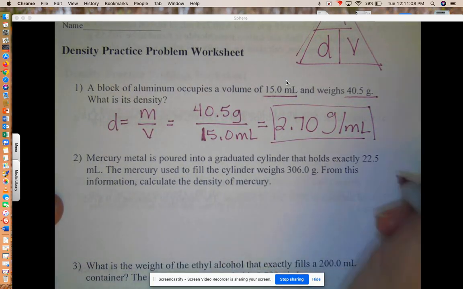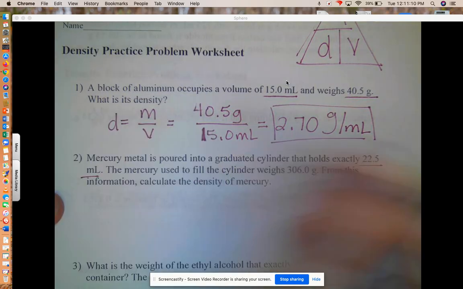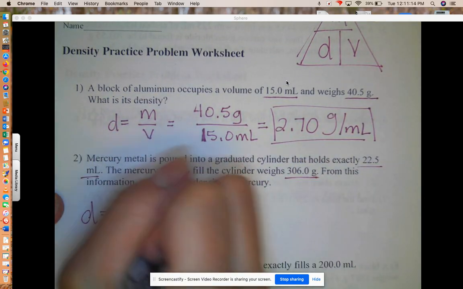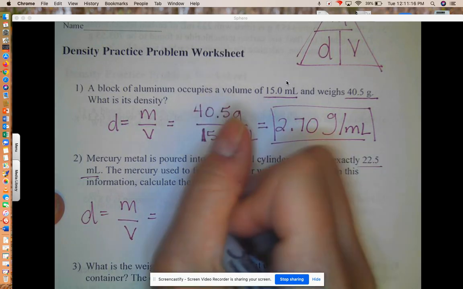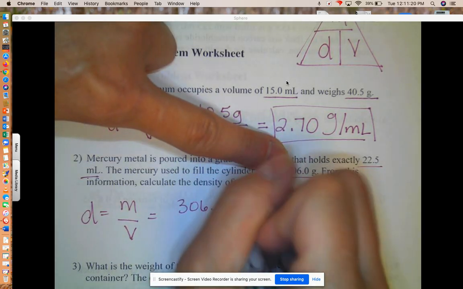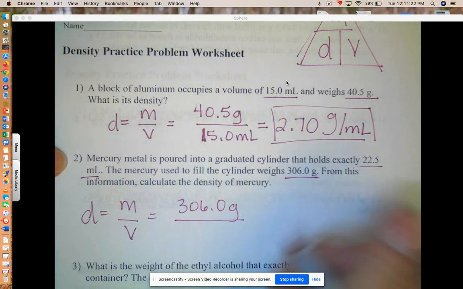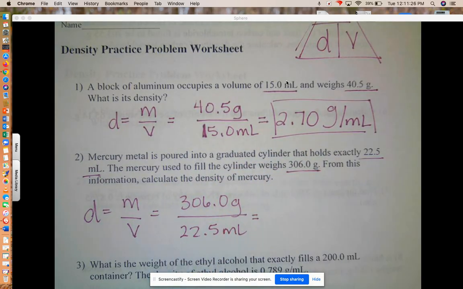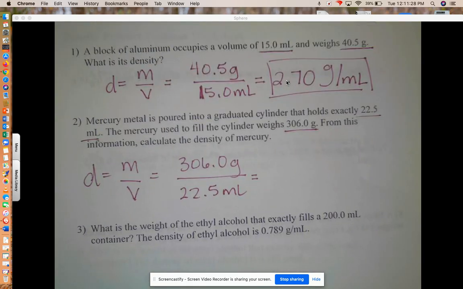So here I have 22.5 mils, 306 grams. And so I'm going to plug in. Make sure you're putting in the right spot. 306.0 grams, 22.5 milliliters. You also have to make sure that you copy the problem correctly, right?